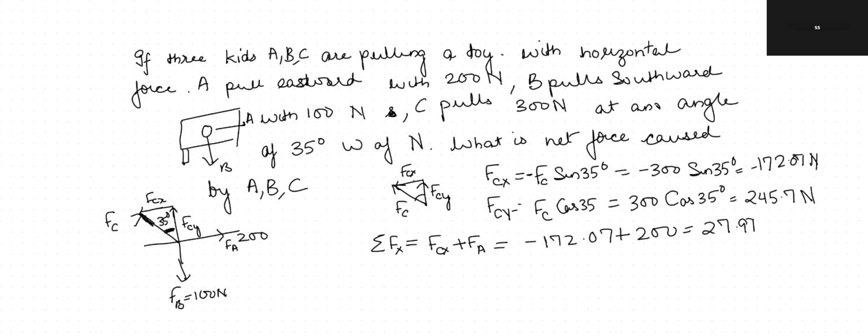Okay. Then the vertical component will be FCY plus FB.